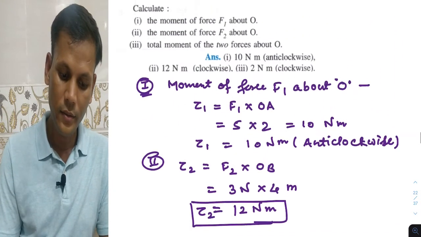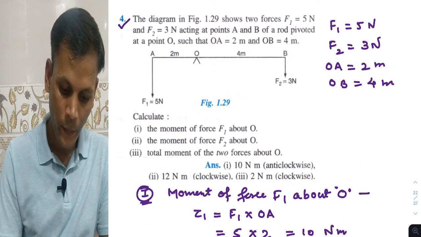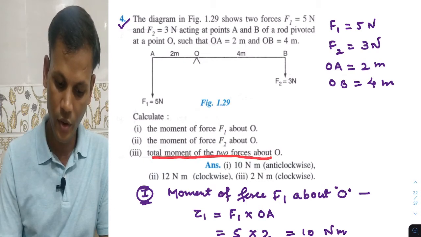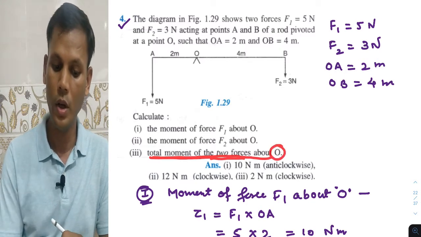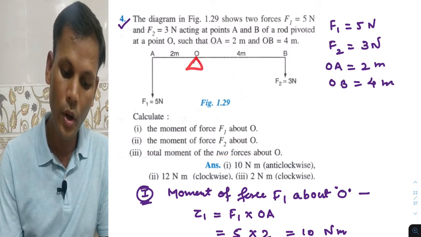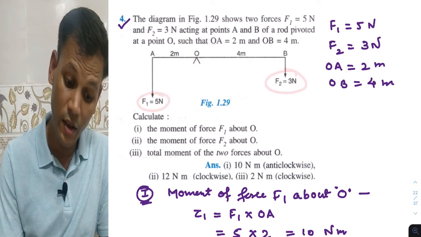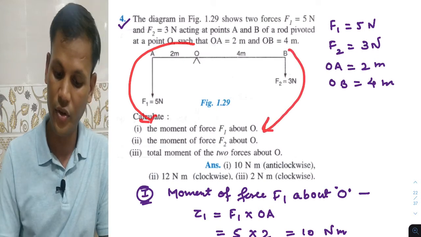Next part, third part. What is the third one? Total moment of two forces about O. Due to these two forces, one will be in this direction, another in this direction.